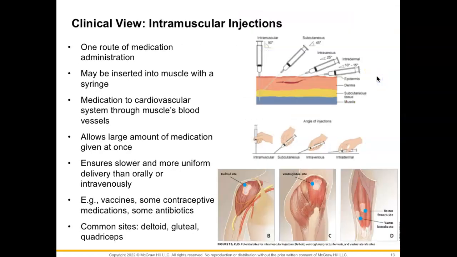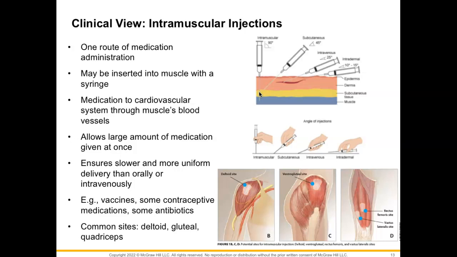Now for a little bit of a clinical view on intramuscular injections. This is just one route of medication administration, and it may be inserted into a muscle with the syringe that you see pictured over here. This delivers medication to our cardiovascular system through the muscle's blood vessels, and it also allows a large amount of medication to be given at one time.